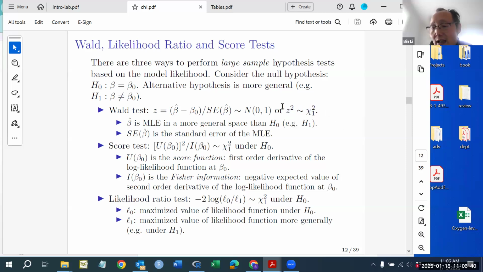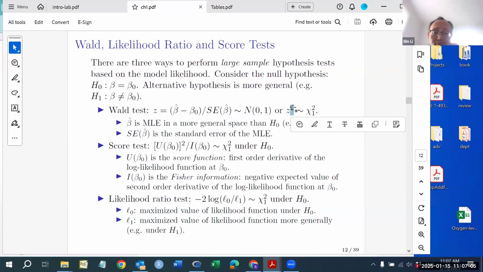A chi-square with 1 degree of freedom is equivalent to a standard normal taking the square. So you can generate a random variable from the chi-square with 1 degree of freedom from the z distribution just by taking the square, and that follows a chi-square.